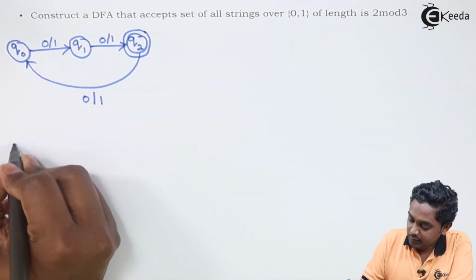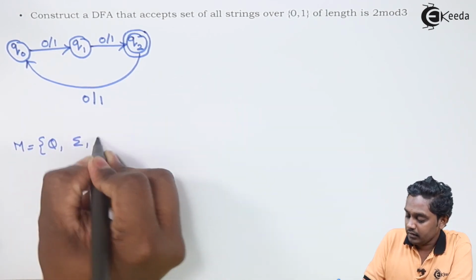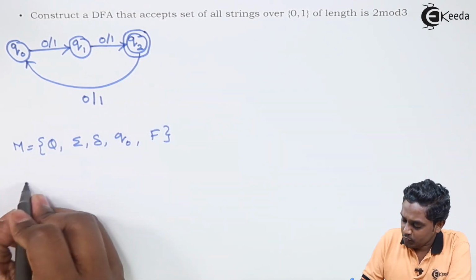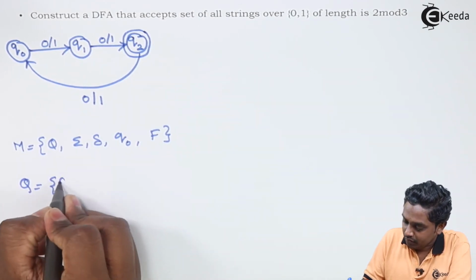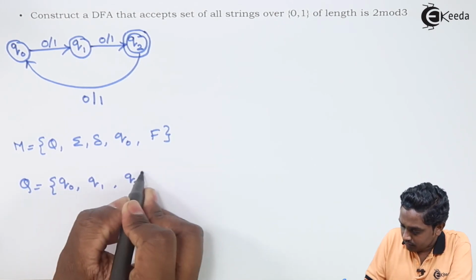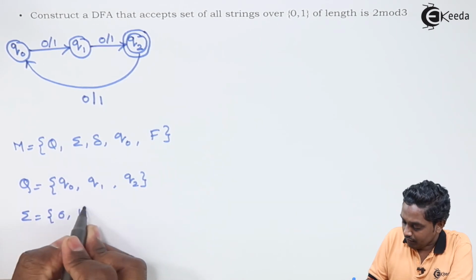Let's see the mathematical definition. M, which is Q, sigma, delta, Q0 and F. Q is the set of states. Here it is Q0, Q1 and Q2. Sigma is the input alphabet, 0 or a 1.